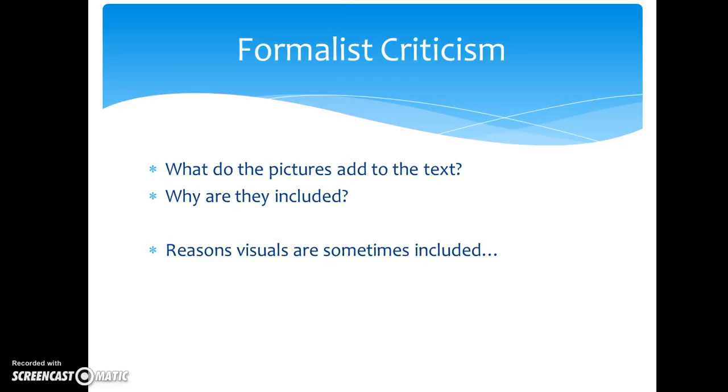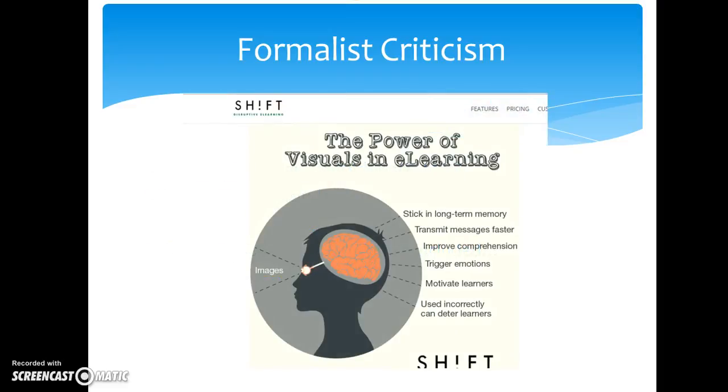Reasons visuals are sometimes included have to do with the power of visuals in learning. A reason an author might include visuals is because when you see visuals, the chances of it sticking in long-term memory increase.